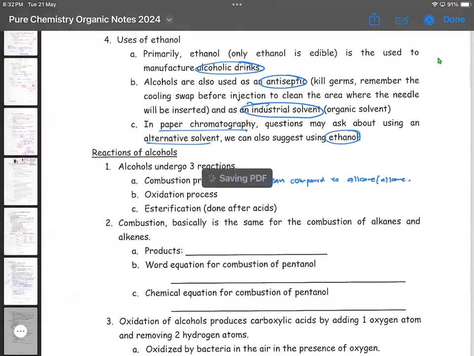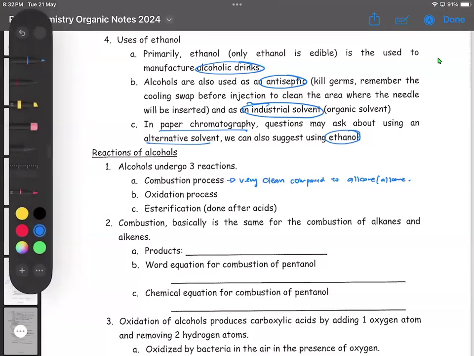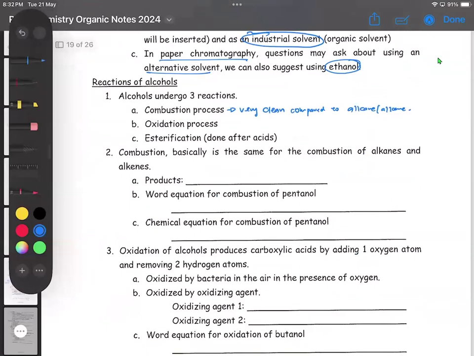Okay, so for now, I'll be doing oxidation. Oh yeah, let's do the combustion equation first. Pretty straightforward. The products will be your CO2 and water. So for the word equation, pentanol reacts with oxygen to give you carbon dioxide plus water.